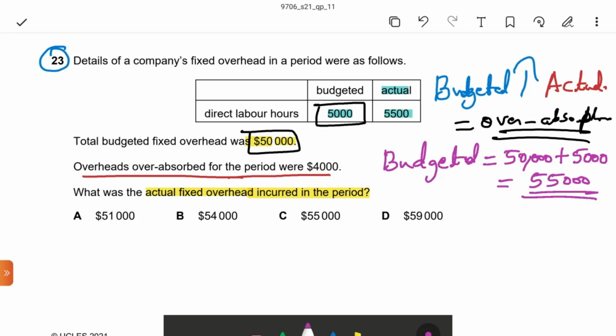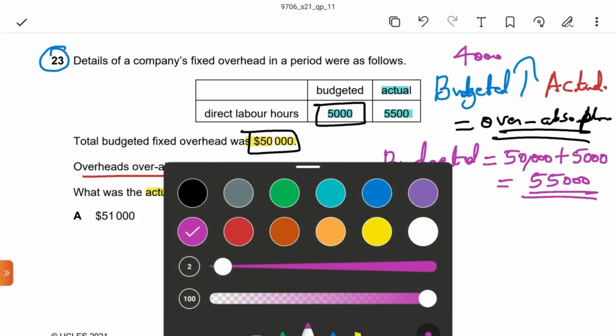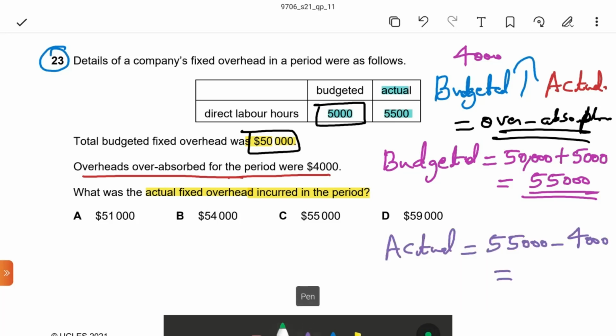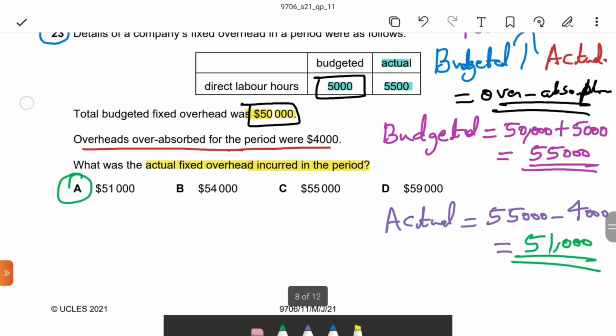Now overhead over absorbed 4,000, so the budgeted is 4,000 more than actual. So what will be the actual? Actual will be after deducting this 4,000. So actual overhead is 55,000 minus 4,000. What is the answer? 51,000. Correct answer is option A.